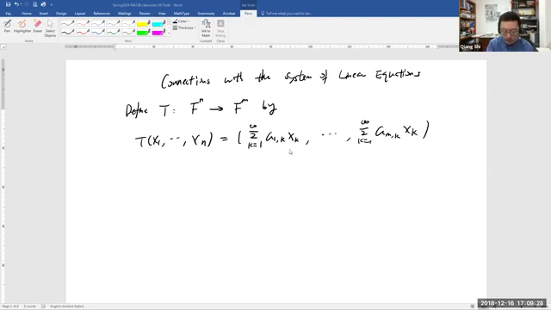Since each one is a combination of x_1 up to x_n, each x needs to have a number in front of it. So this k, which is changing, is from 1 to n. I made a typo here; it's absolutely wrong to write infinity. It's to n here.